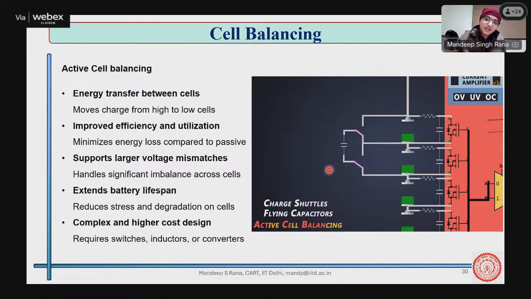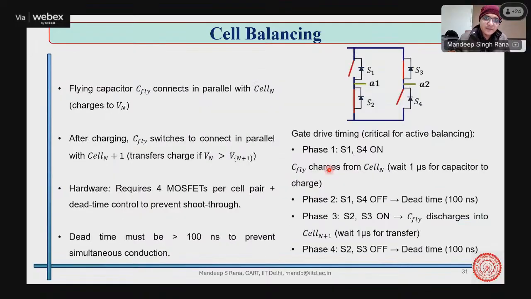The EV is running, it is at high temperature. You would not like to add more heat to that. So that's why you would go for active cell balancing most of the time. All sophisticated EV systems, if you go a little higher in price, you will see that they all use active cell balancing. Two-wheelers or three-wheelers will generally go for passive.